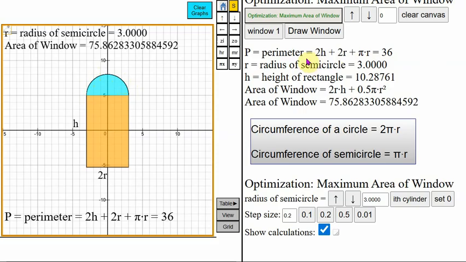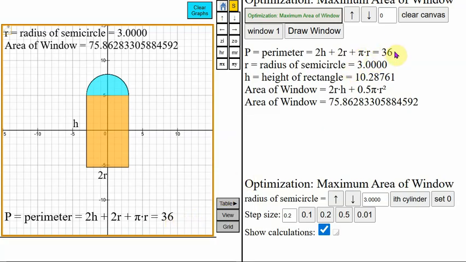So the perimeter is 2h plus 2r plus pi r, and in this case, the perimeter is fixed at 36. So once again, if the radius is 3, then the height has to be 10.28761.